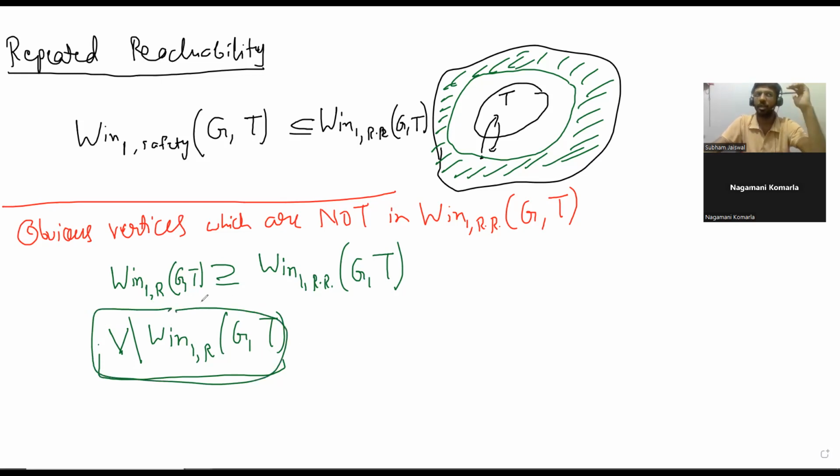Which will roughly ensure that whatever winning vertices you find for player 1 for this game on the smaller graph will be winning, and no other vertex will be winning, so you'll not miss out on anything.